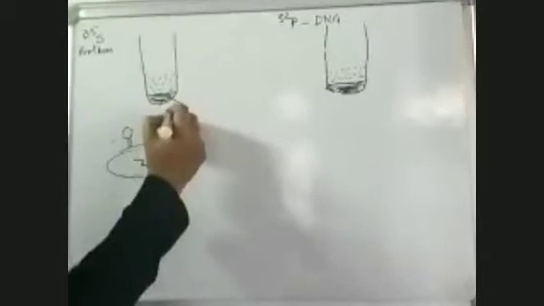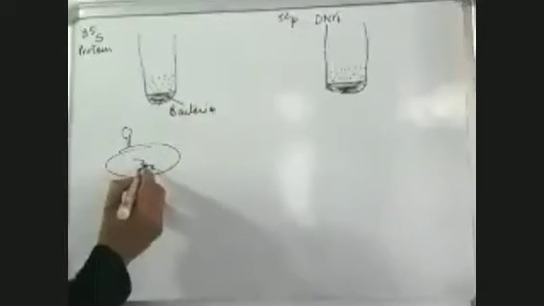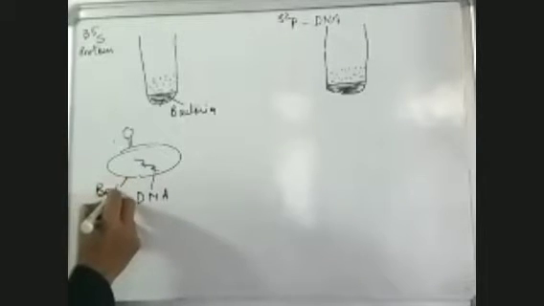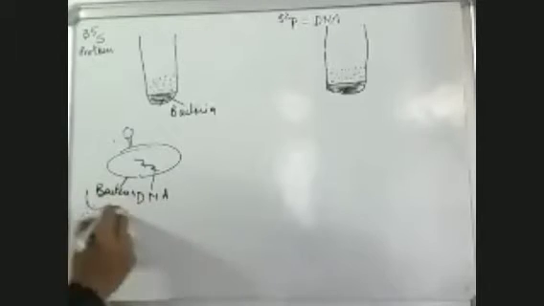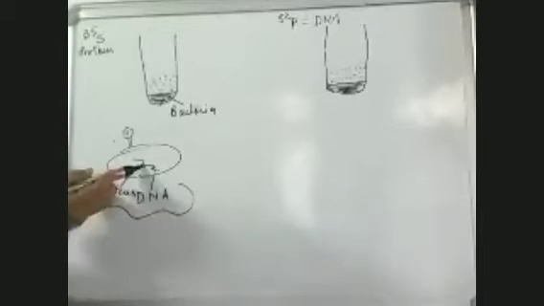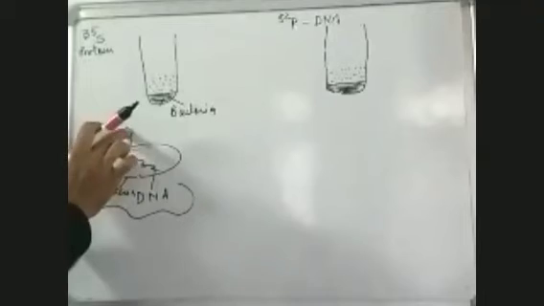So here, this is DNA, this is bacteria. Bacteria along with the DNA of the bacteriophage, because this has been affected by the bacteriophage with its DNA inside. So the DNA of the bacteriophage now becomes the DNA of the bacteria.